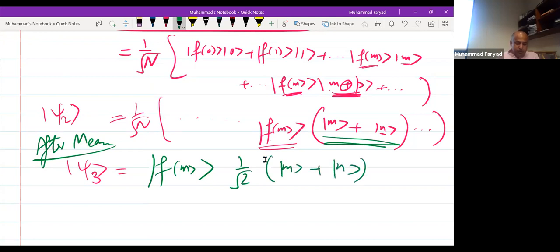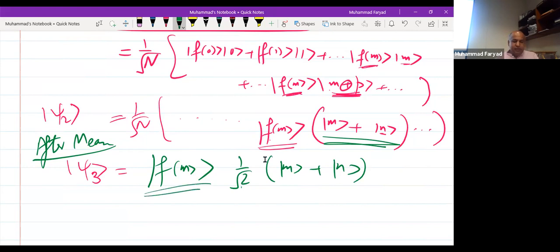You can't get this 1 over square root 2 factor if you just keep looking here and say, okay, 1 over square root n is here and so on. The reason is that the measurement process is not a unitary process. It is a collapsing process. So after this, each state has to be normalized manually by us again, in mathematics.